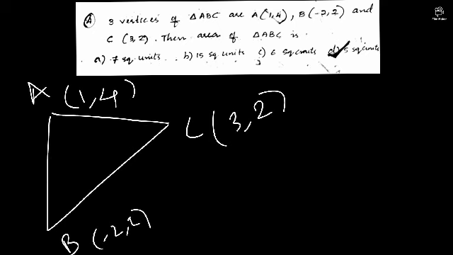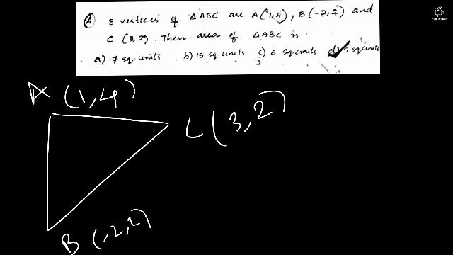Now we know that C and B vertices will be in a straight line, because the y coordinate is not changing. So it will be parallel to x axis. Any point on this line has the y coordinate as 2.